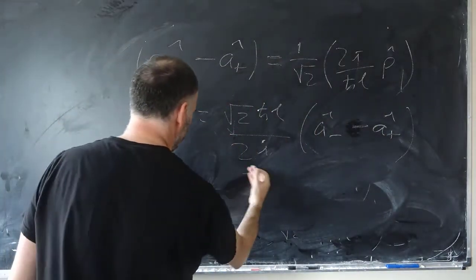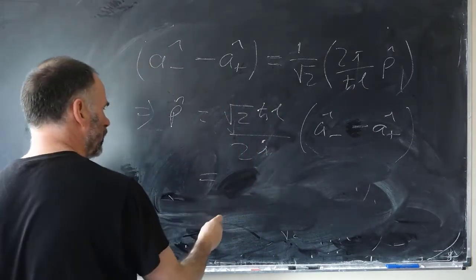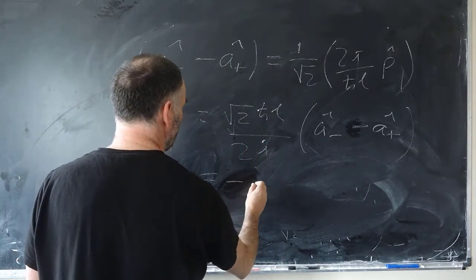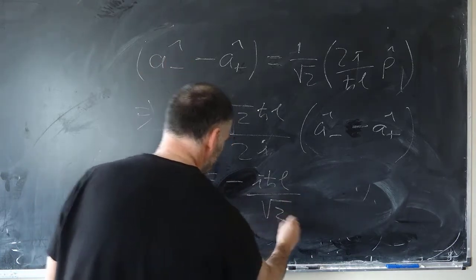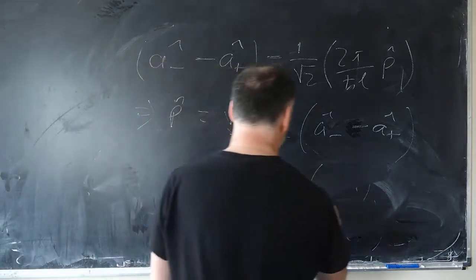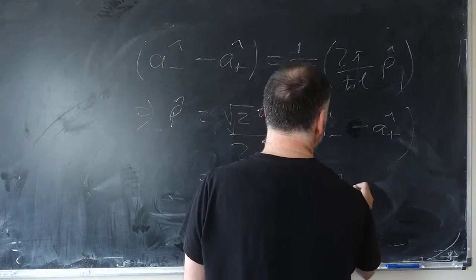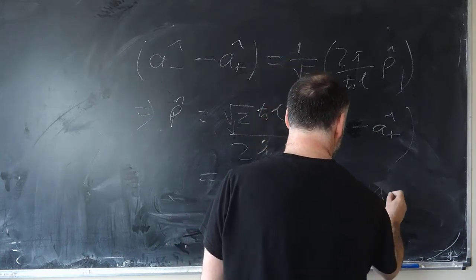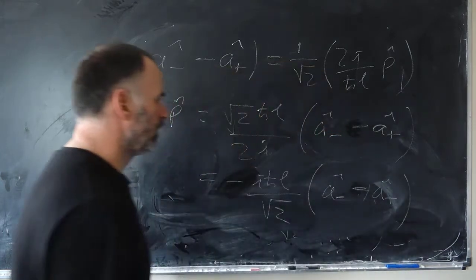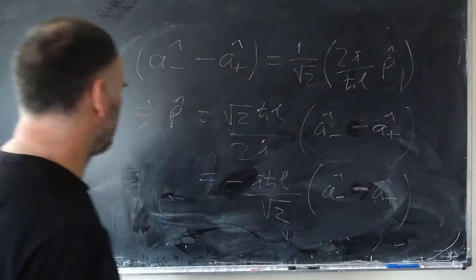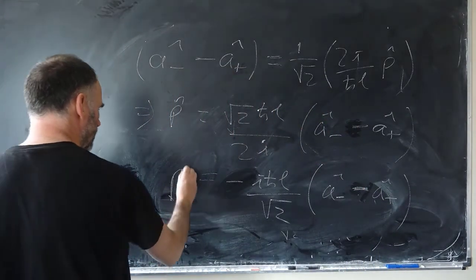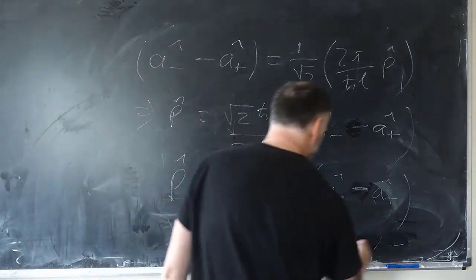Root 2 goes into 2, root 2 times i comes above, it becomes minus, so minus i h bar over L. You can leave it on the bottom if you want, which is as given in the question.